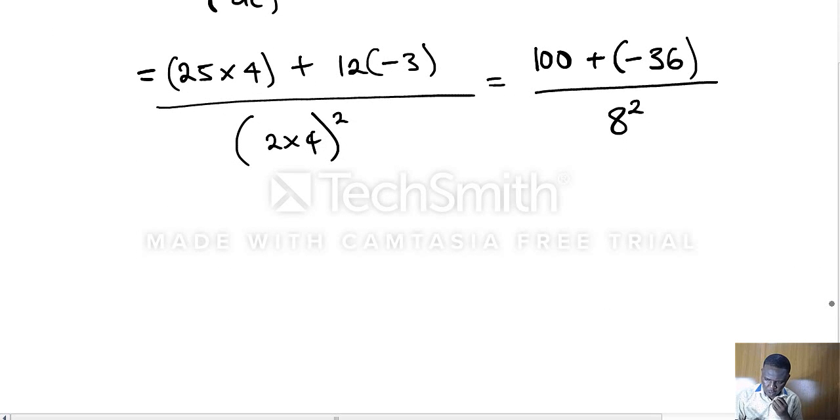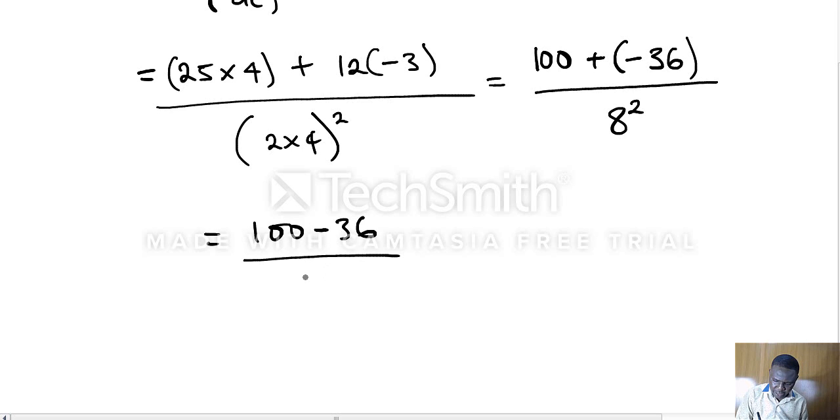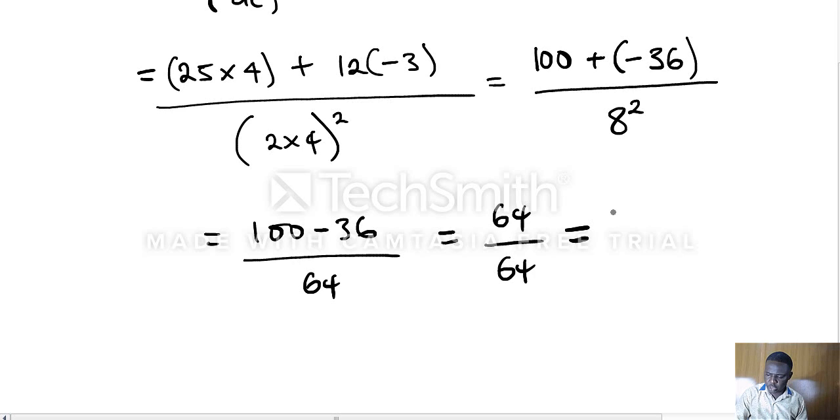So this is equal to 100 minus 36 divided by 64, of which 100 minus 36 is equal to 64, and 64 divided by 64 can be said to be equal to 1 as your answer.